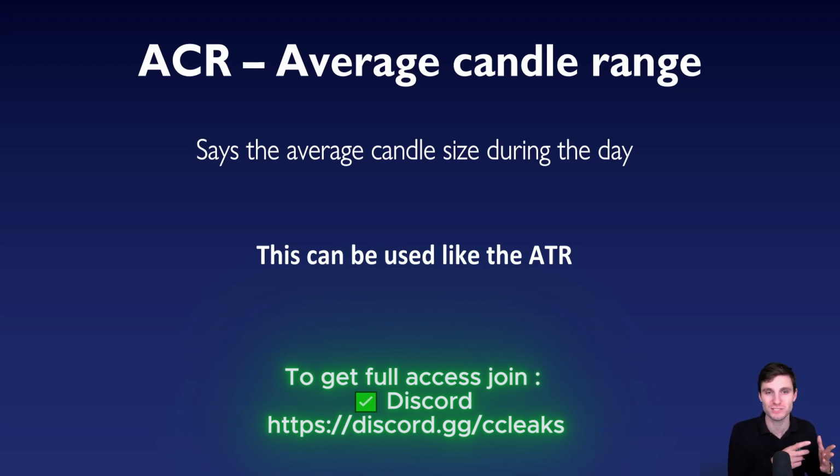So let's say we're in a $5,000 range overall, and the average candle size within this range is $500, let's say. Well, if we start to move above that range by $800, then this is over the average candle size.